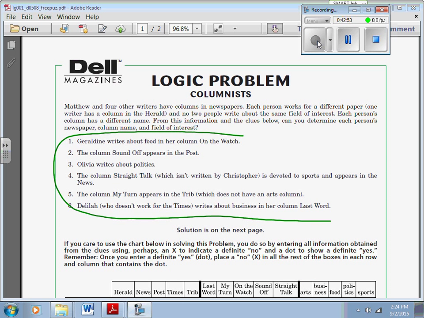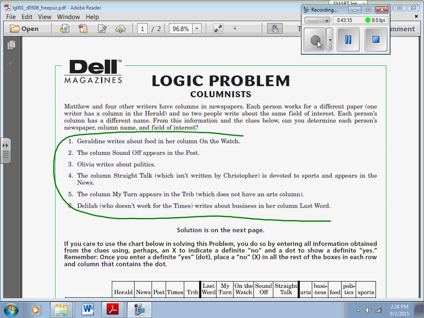When you go through this, you can use a chart to help you fill in those clues. That's the chart that's given below. Remember that X indicates no. Leave the open spot or leave the circle blank means yes. Or you put a dot or a circle, okay?